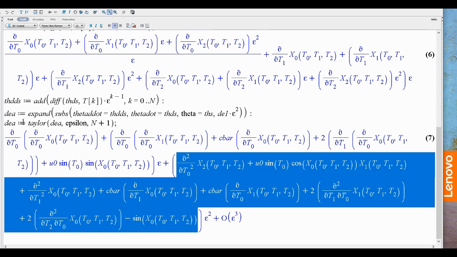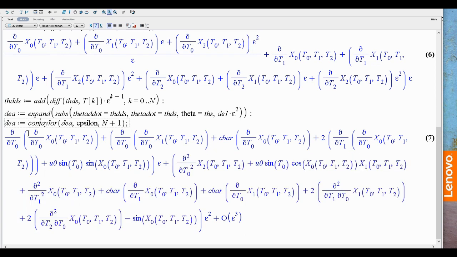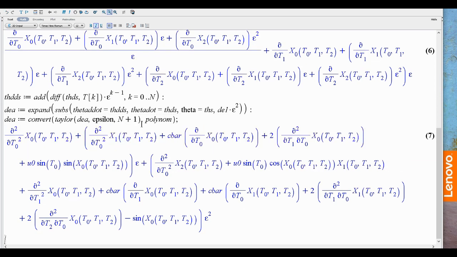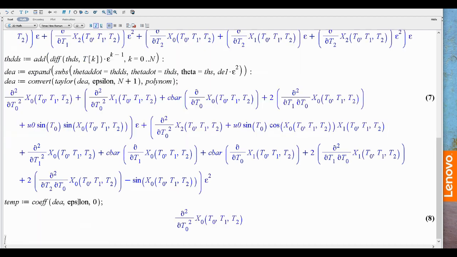And so what we will do here is I will say convert that to polynomial. Okay, now let us look at the coefficient of DEA epsilon 0. That is the leading order term, and you see this thing is just the second derivative is 0.